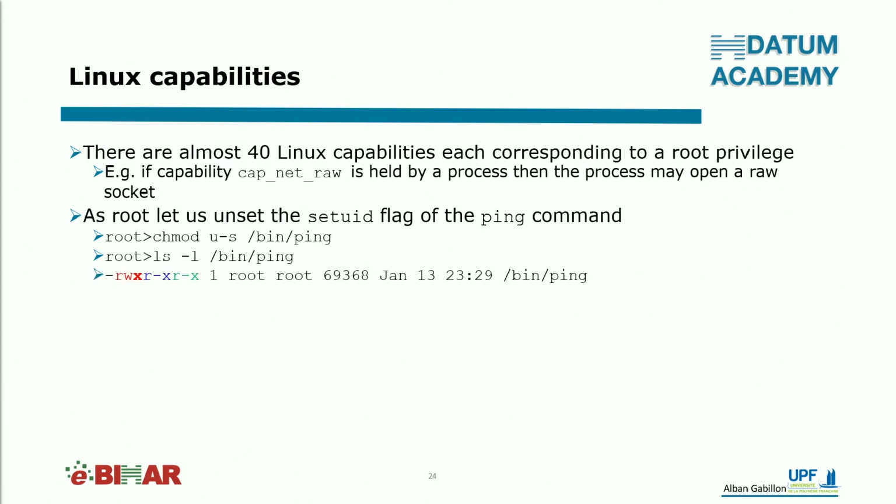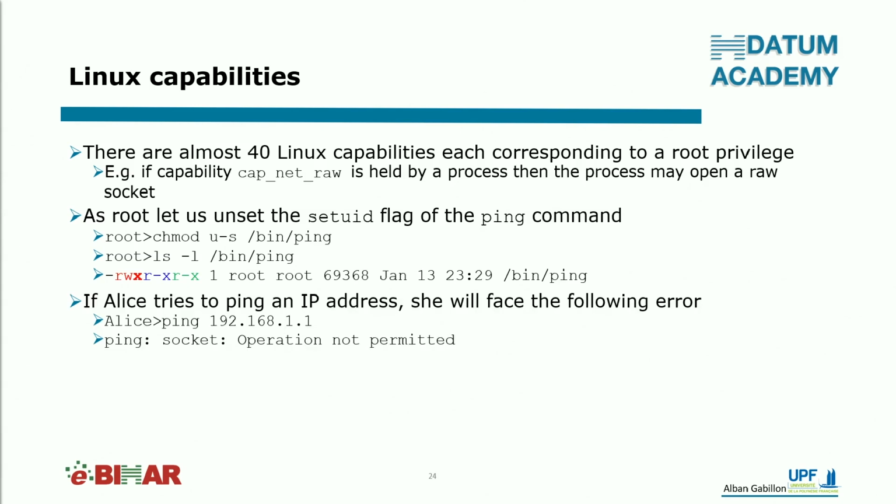You can verify that the setuid flag is unset with this ls command. Now, if Alice tries to ping an IP address, she will face the following error: socket operation not permitted. Opening a socket requires root privileges or the specific privilege CAP_NET_RAW.